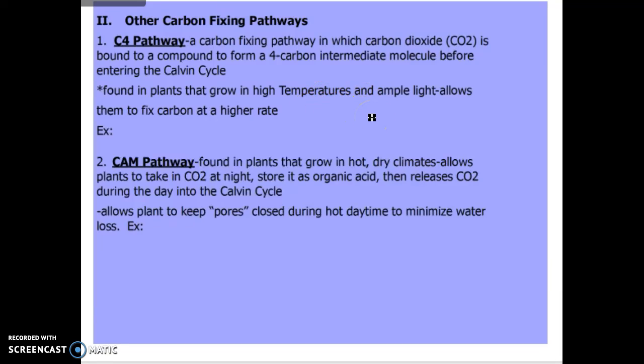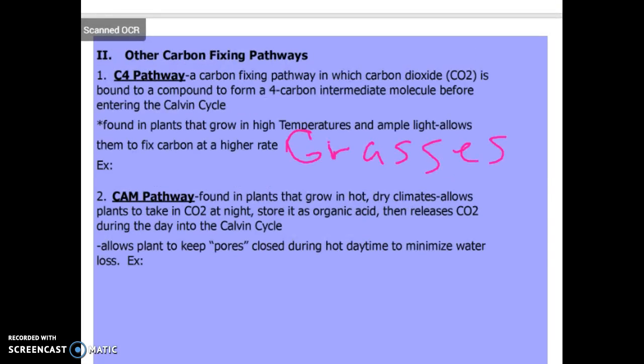So there's something called the C4 pathway, which is a carbon fixing pathway in which carbon dioxide is bound to a compound to form a 4-carbon intermediate molecule before it enters the Calvin cycle. And this actually allows plants that grow in high temperatures with lots of sunlight to fix carbon at a higher rate. So one type of plant that has this C4 pathway are grasses, which includes corn, which is technically a grass.